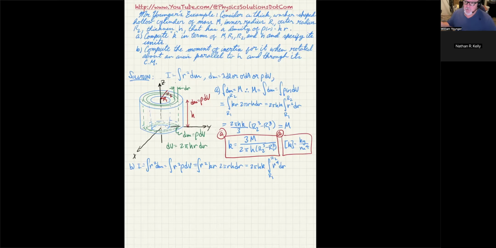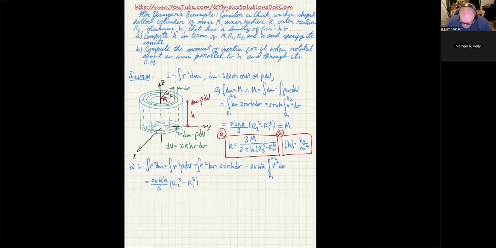And of course, the integral of r to the fourth is 1/5 r to the fifth. So this is going to give us a formula of 2 pi hk over 5 times r2 to the fifth power, minus r1 to the fifth power.